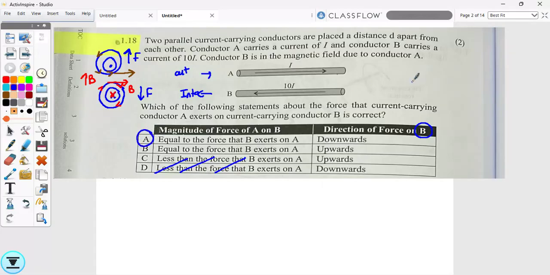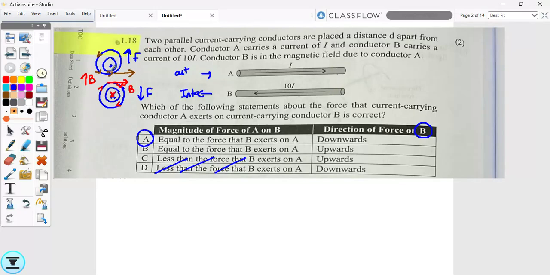Okay. So a shortcut for these ones, and yeah, I'm not a fan of shortcuts. You know now why this happens, but for a shortcut, if it's a multiple choice, because you don't want to spend so much time on the multiple choice, is that if the currents are flowing in opposite directions, I know it sounds weird because normally opposite poles attract. But it isn't because it's not opposite poles, remember?